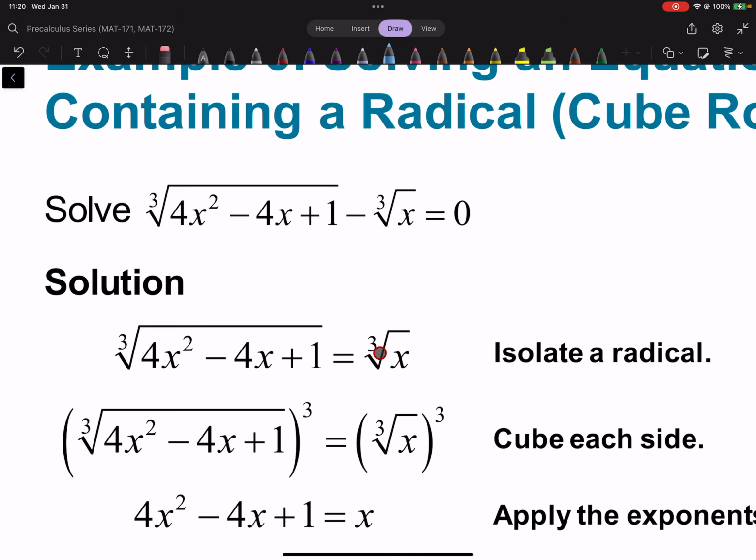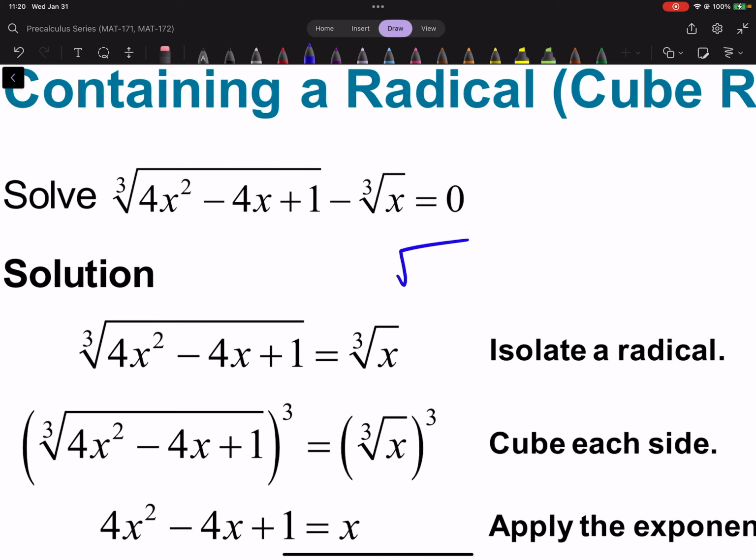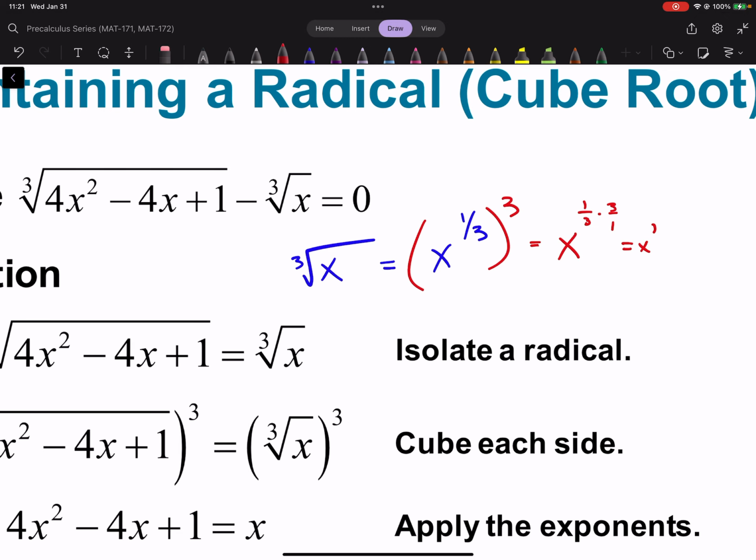I need to remind you that the cube root of x can be written as x to the power of 1/3. So when you cube this, remember the exponents will multiply. That is 1/3 times 3 over 1.